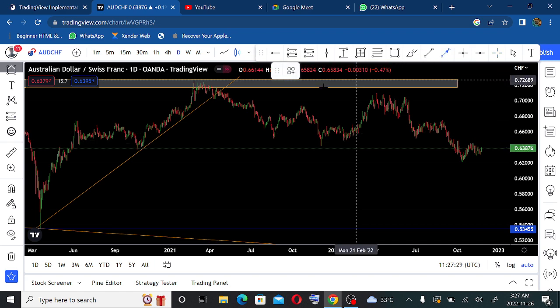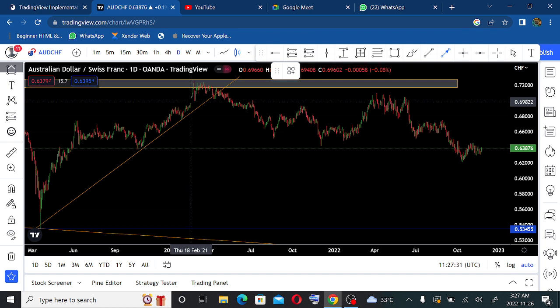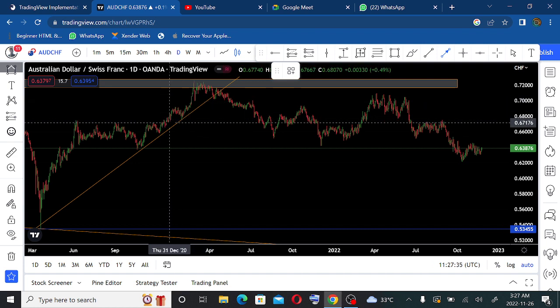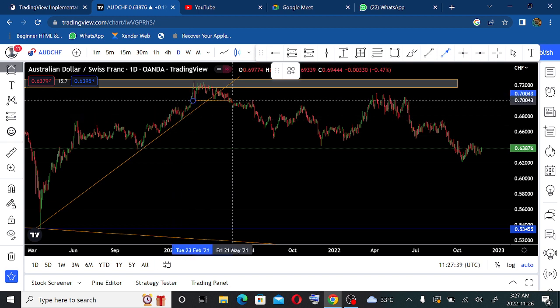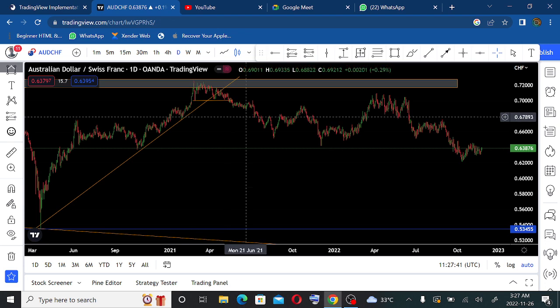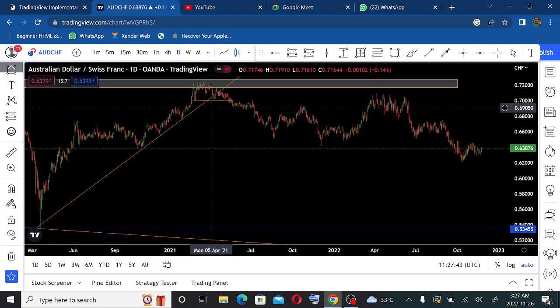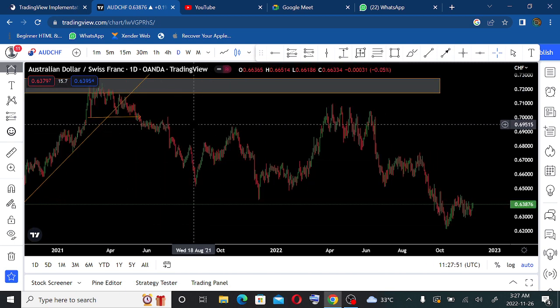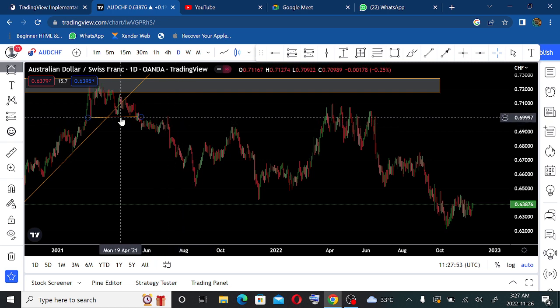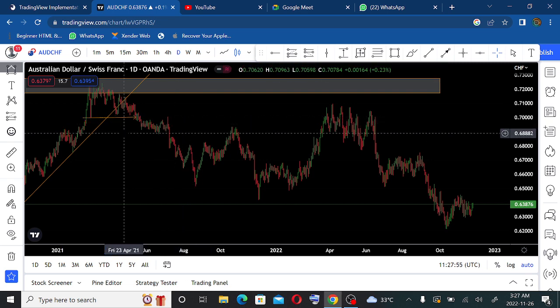We can clearly see that we have this change in character basically around here, but before that we had this break. You understand? So before that we had this break. And the character change actually happened inside this area, but let's work with this major break of structure.